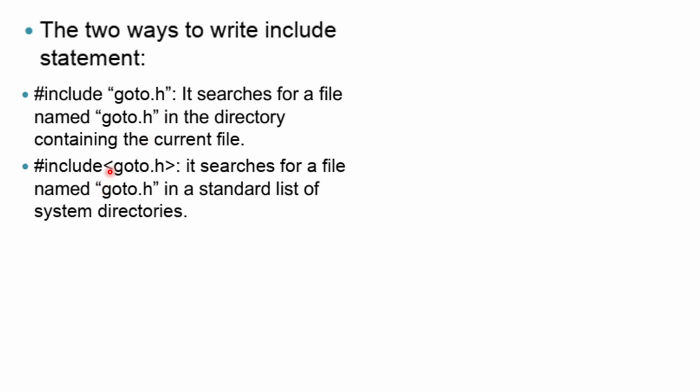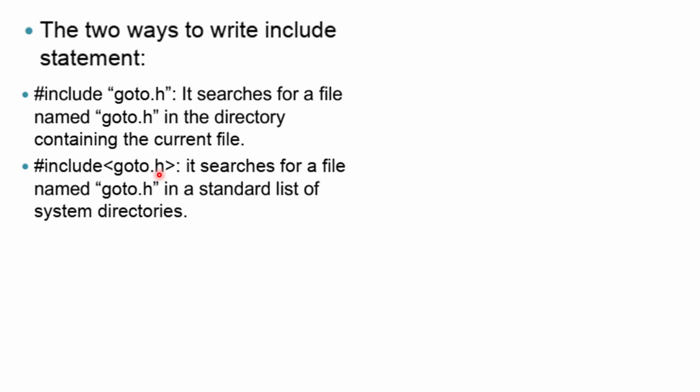But if you keep it in angular brackets, then that particular file is checked in the directory of the header files. If you have a C compiler in your machine, you will find some folder where you will find all the different header files.